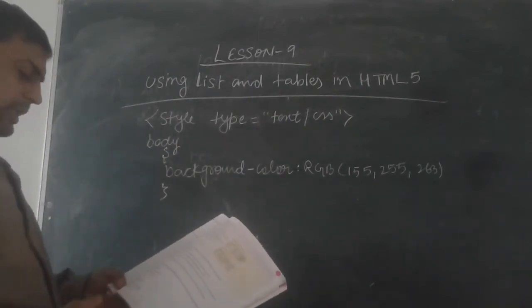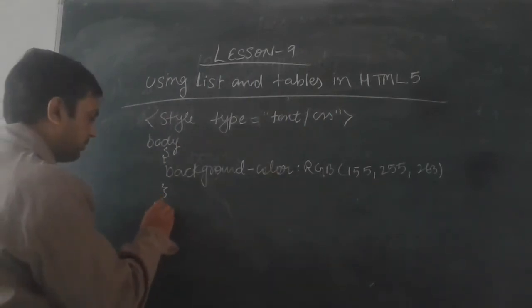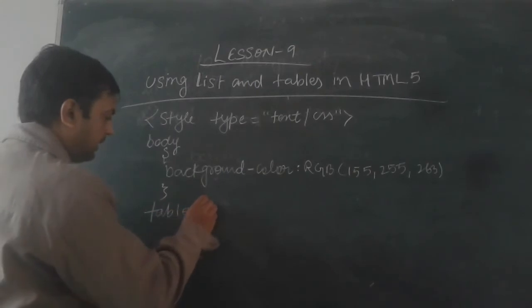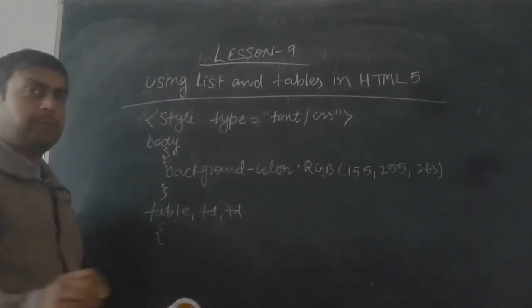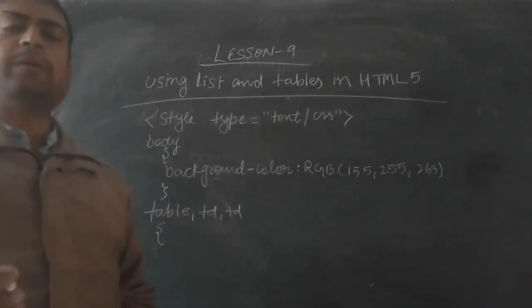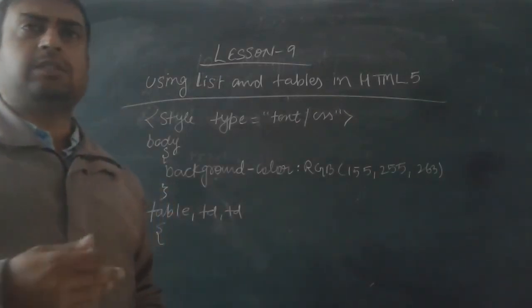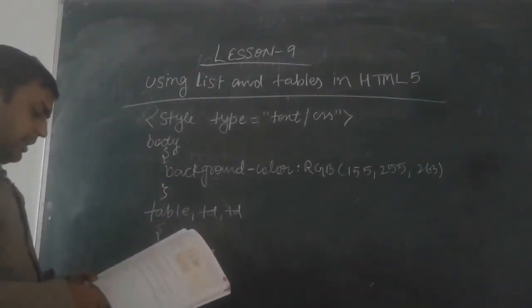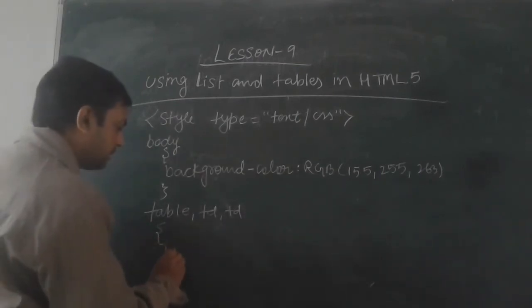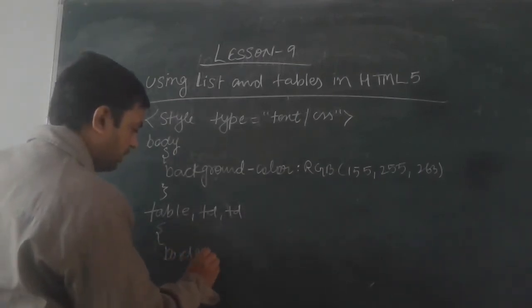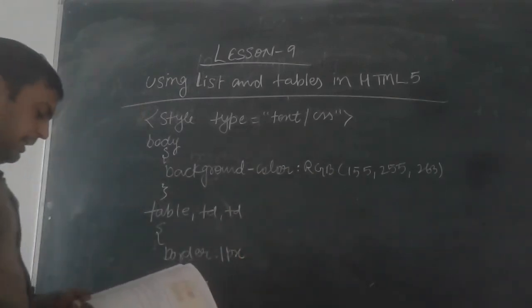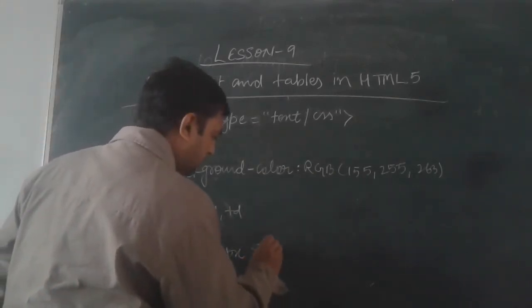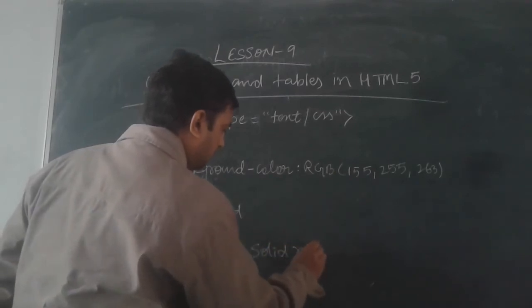Now for table, TD and TH, all the properties which I am writing will be applied on all three tags written here. This is border 1px solid red.